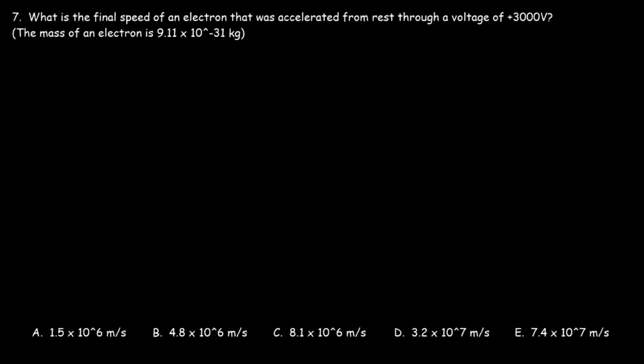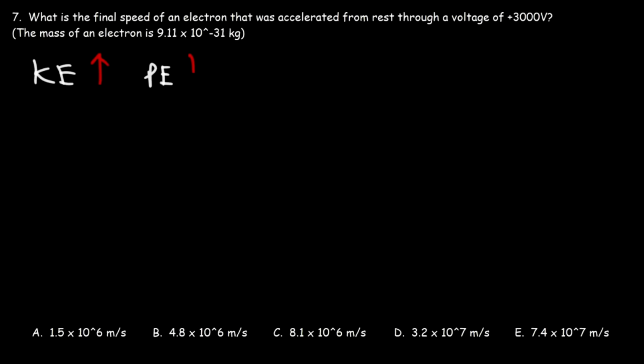Number 7. What is the final speed of an electron that was accelerated from rest through a voltage of 3000 volts? So in the last problem, we said that the kinetic energy of the electron was increasing, and so the potential energy had to be decreasing.